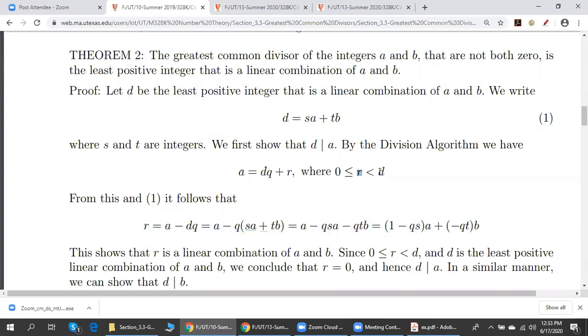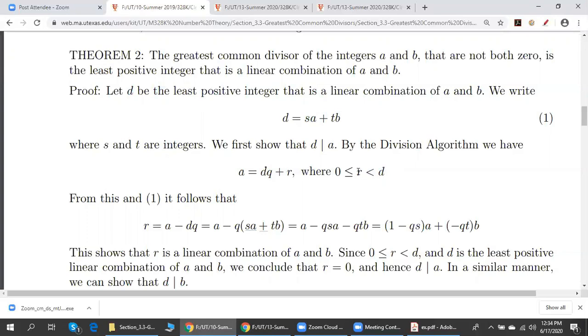R is lesser than D. But we just said that D is the least positive integer which is a linear combination of A and B. R is even lesser.